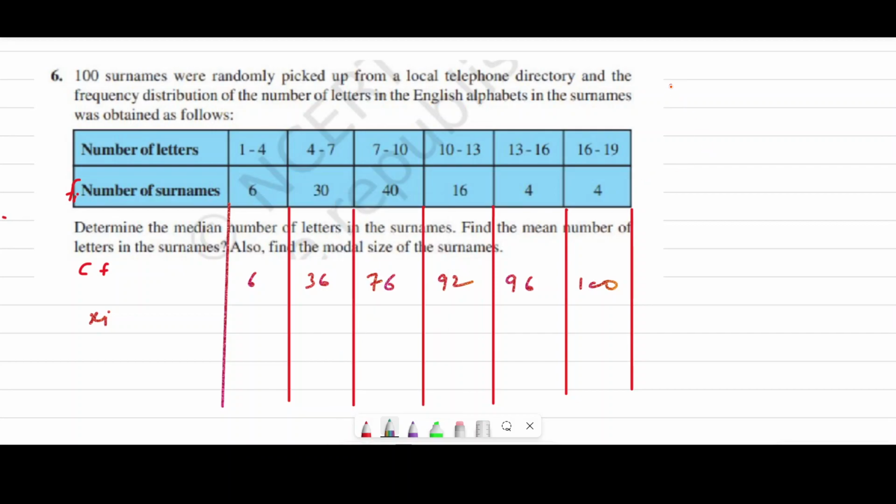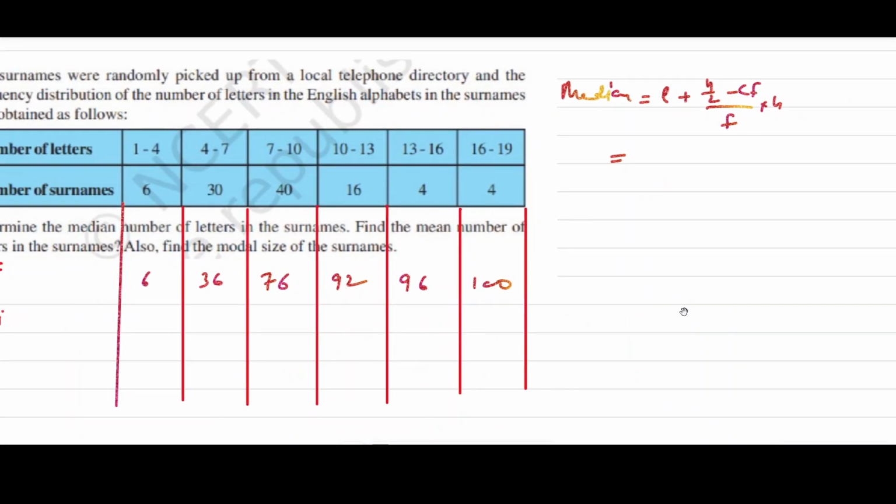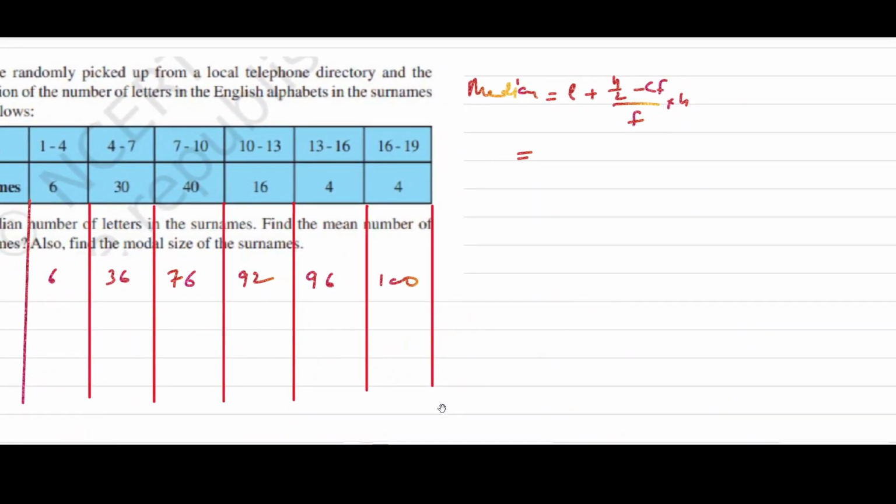Median will be L plus n by 2 minus CF by F into H. What is the value of L? The maximum here is 100.